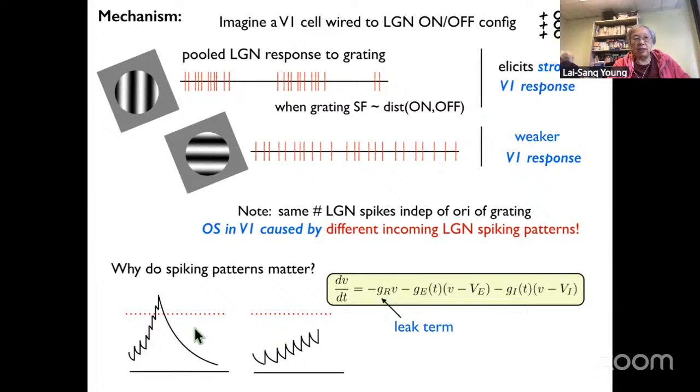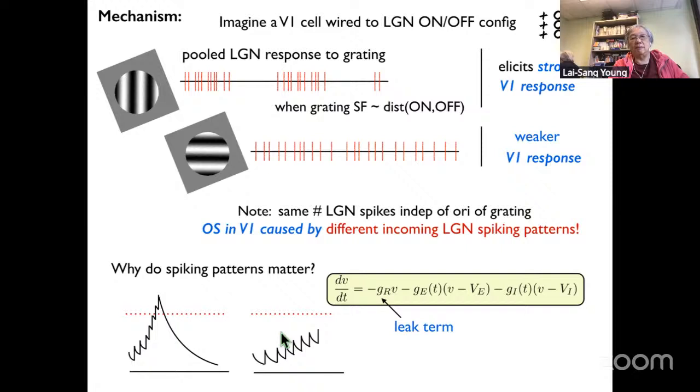If you look at this leak, I'm exaggerating here in the picture, the difference is not as big as this. But what happens is that if you keep driving bang, bang, bang, bang like this part, there's no time for it to leak before it reaches threshold. Once it reaches threshold, it spikes, and then it resets and you drive it up again and it spikes. Whereas if the spikes are farther in between, then it spikes, it pushes it up, and then it leaks all the way down.